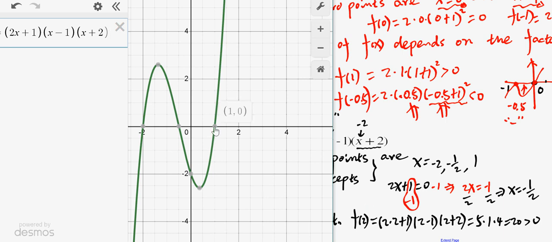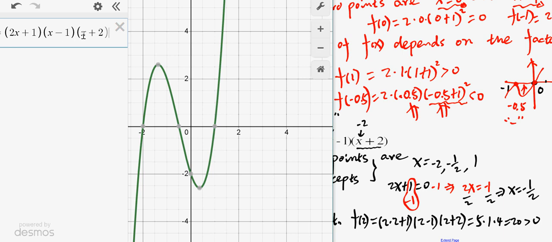Okay. And then between negative 0.5 and 1, you may choose 0.5. Okay. 0.5 is less than 1. You plug in 0.5 minus 1, you have a negative for this one.